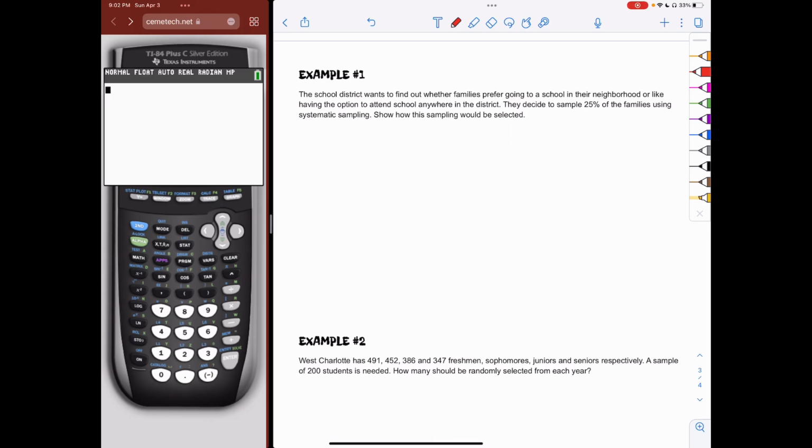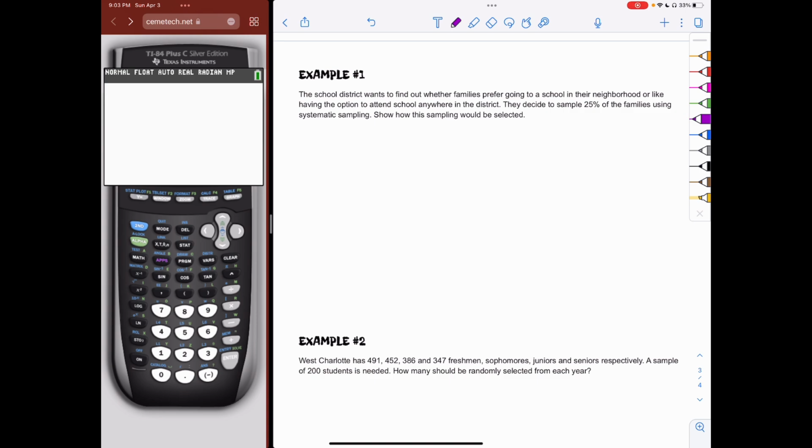Example 1 says the school district wants to find out whether families prefer going to a school in their neighborhood or having the option to attend any school anywhere in the district. They decide to sample 25% of the families using systematic sampling. Show how this sampling would be selected.